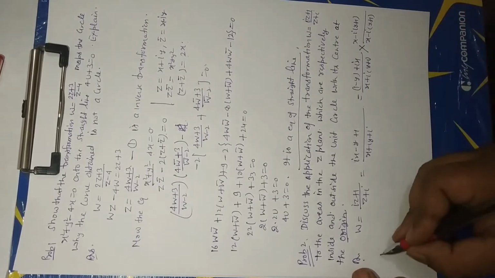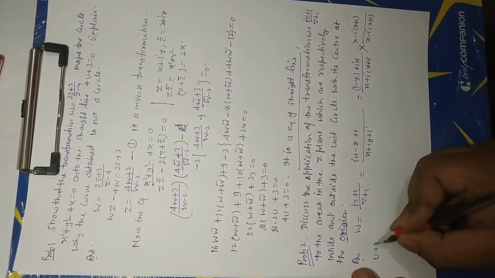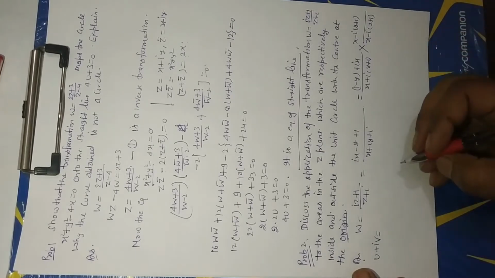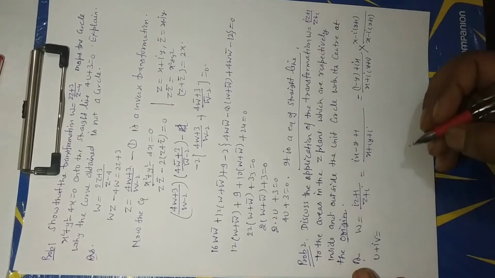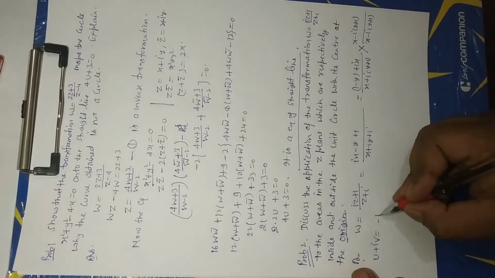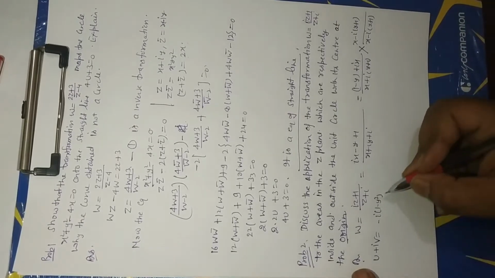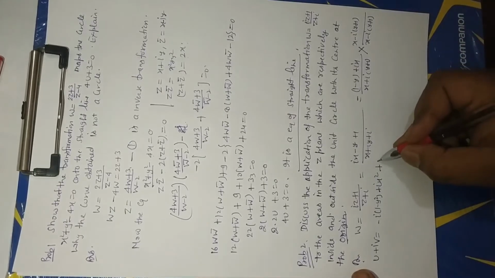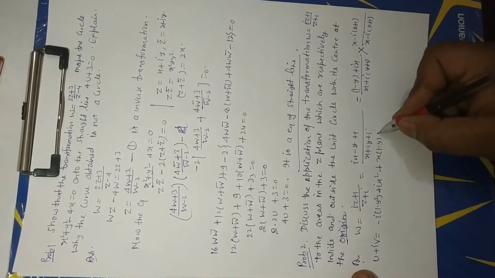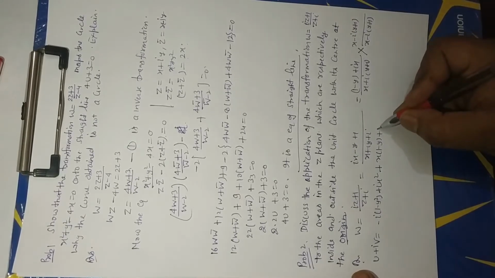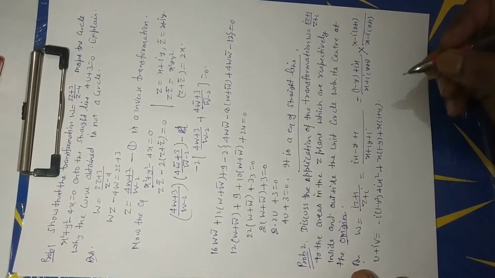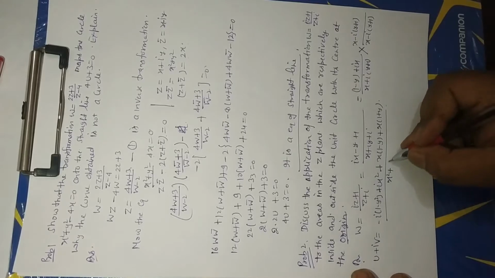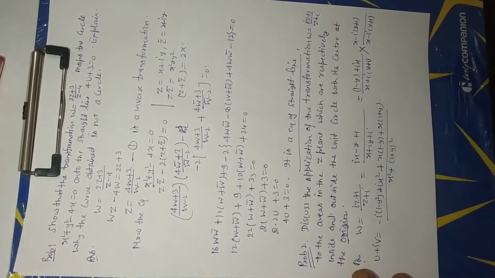Then we get, now putting the value of w, u plus iv equal to the numerator upon x square plus y plus 1 whole square.